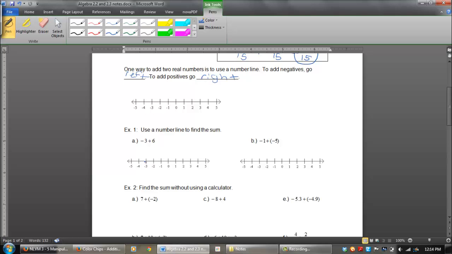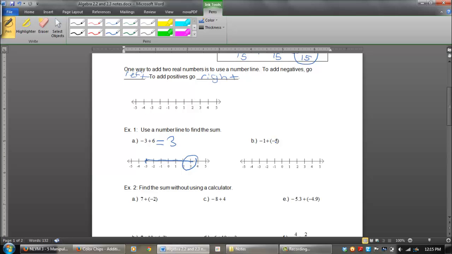And if I want to add 6 to -3, we're going to go right 6 units. There's 1, 2, 3, 4, 5, 6, and that's going to take us to 3, which is the answer to this problem. So in this situation, we started out negative, but we went right on the number line, which brought us over the 0 and right onto the positive side.